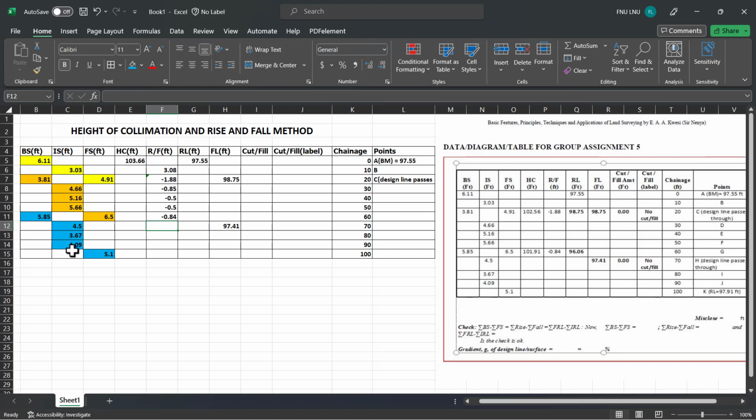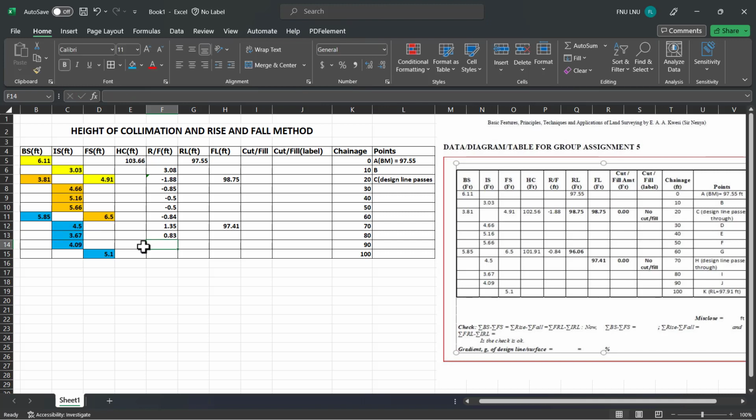Now moving on to the last traverse. Here will be equal to the backsight minus the intersight. This is our rise and fall for this change. When you come here, we take this minus this.